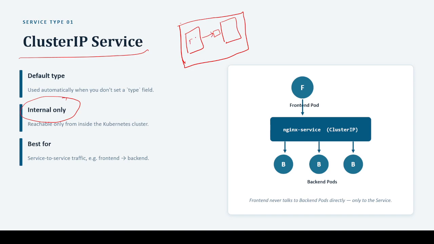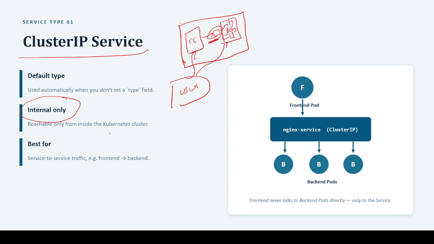A front end wants to reach the back end, so it reaches the service, which then redirects to the different pods we are running. Internal only means that from outside, say from my laptop, I can't directly reach the front end or the back end using this IP, because it is out of scope for ClusterIP; it is used only inside the cluster.